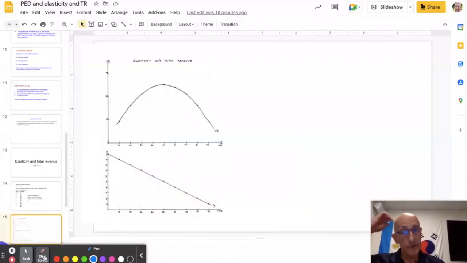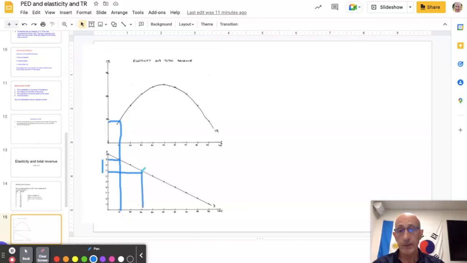So that's why I prefer to look at it in terms of the total revenue curve being directly above the demand curve here, because I can choose a price and see what its corresponding total revenue will be at that price. Right? And then I can say, look, what if I drop the price here? What happens to my total revenue?